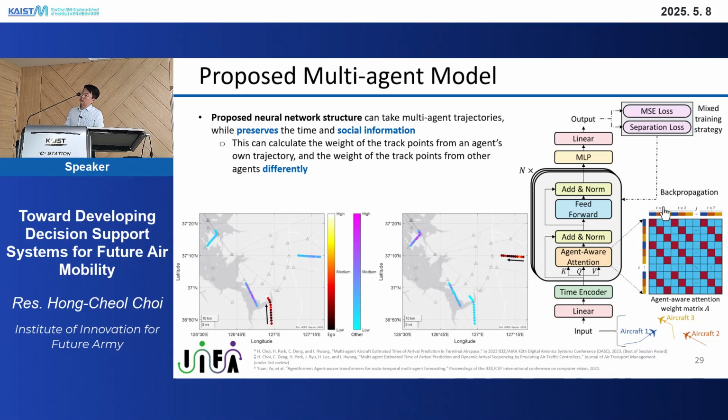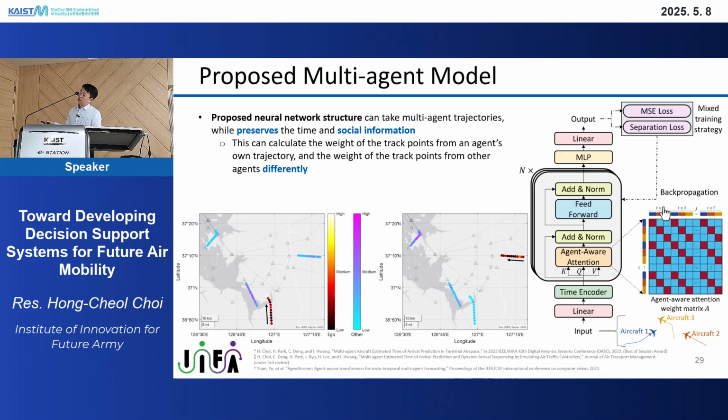And here, as you can see, this is the attention weight for the multiple aircraft. As you can see, the ego agent weight level and the other agent weight levels are quite different, which means that typically, in terms of this aircraft, it is more focused on itself, based on this ego agent bar, and it also focuses on other agents too. But in terms of these interactions, it focuses more on the neighboring aircraft, as you can see here.